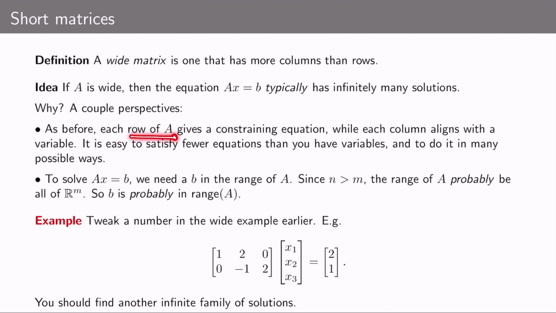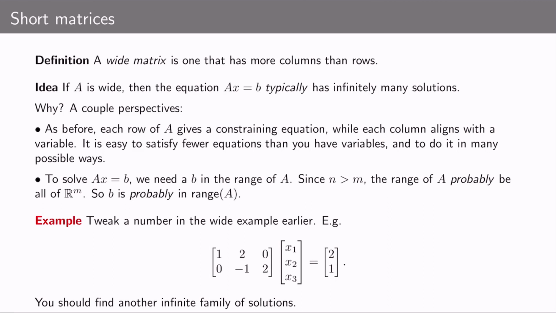Each row of A gives you some kind of a constraint. Meanwhile, each column of A aligns with a variable. So since the matrix is wide, you have fewer constraints or fewer equations than you have variables. And so in general, if you have fewer constraints than variables, you can satisfy those constraints, and you can do it in many possible ways, infinitely many ways in fact.